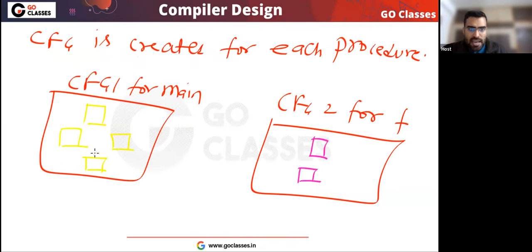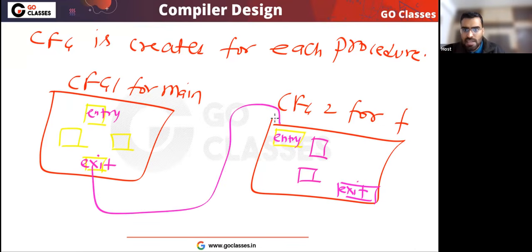There is an entry block and an exit block, and here also an entry block and an exit block. Actually there is no edge like this, because there is no edge like this, so you can remove it. Is this clear?